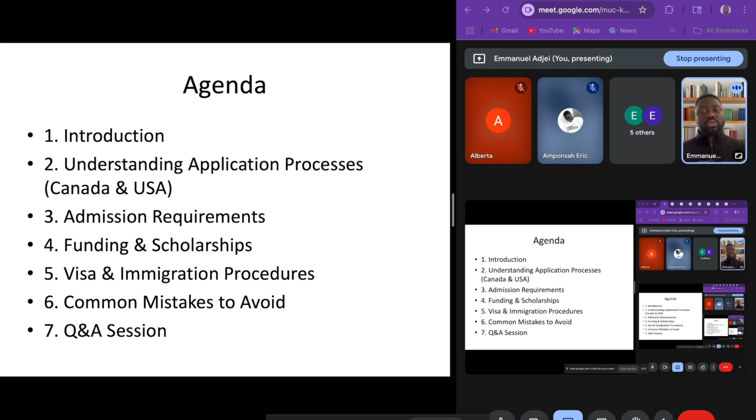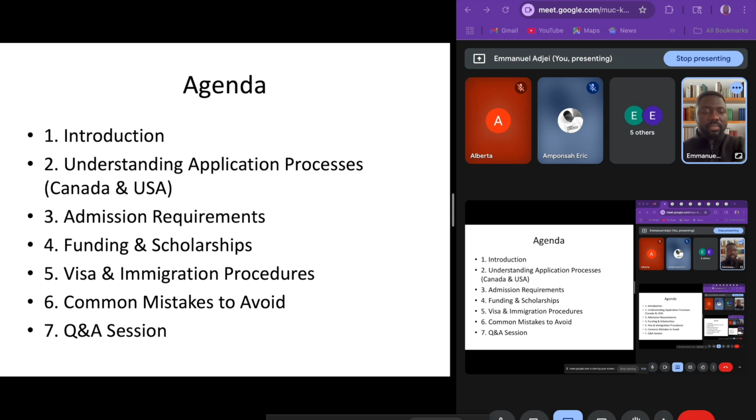And I will come back to visa and immigration procedures once you have gotten your admission with scholarship to the university you're applying to. Common mistakes you need to avoid, and that cuts through from the beginning of the process to the end, so we'll cover that as we go through the process. And then I'll leave some time at the end for Q&A so that you will get the chance to ask all the questions you have for me in this session.